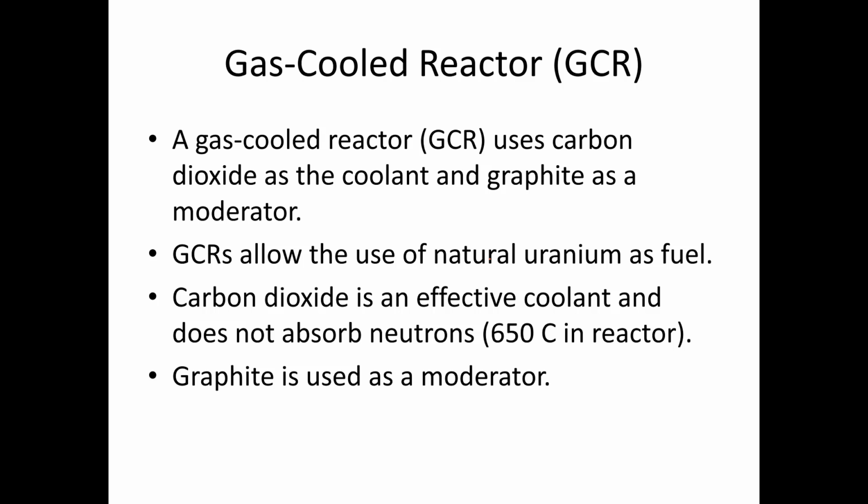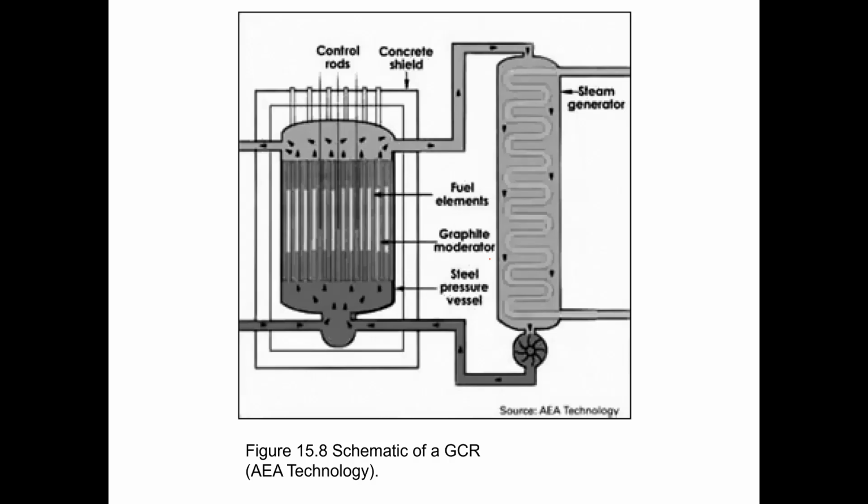Carbon dioxide is an effective coolant and does not absorb neutrons, with the reactor being about 650 C. Here's a simple schematic of a gas-cooled reactor. Again, you have the reactor here, the graphite moderator, and the steam generator that would produce steam that goes to a turbine.